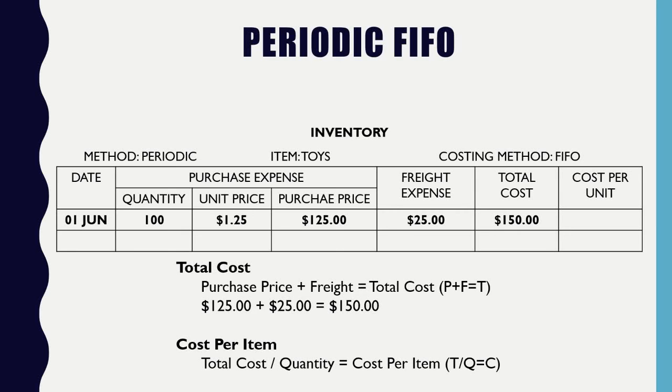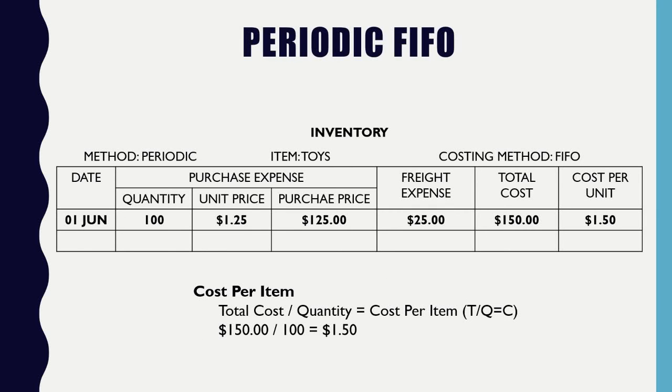And then the cost per item is going to be your total cost, which is $150, divided by your quantity, which is 100, to give you a grand total of $1.50. Now, this cost per item is the cost that you're going to use when you sell your items, because it covers all the costs that you originally invested in order to obtain the inventory.